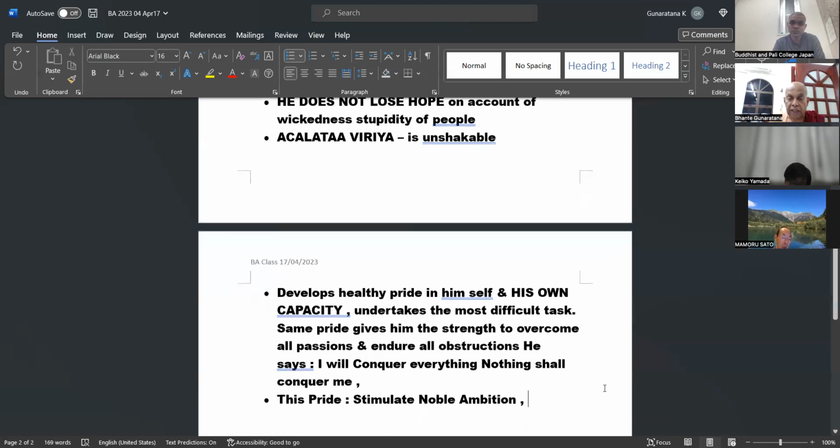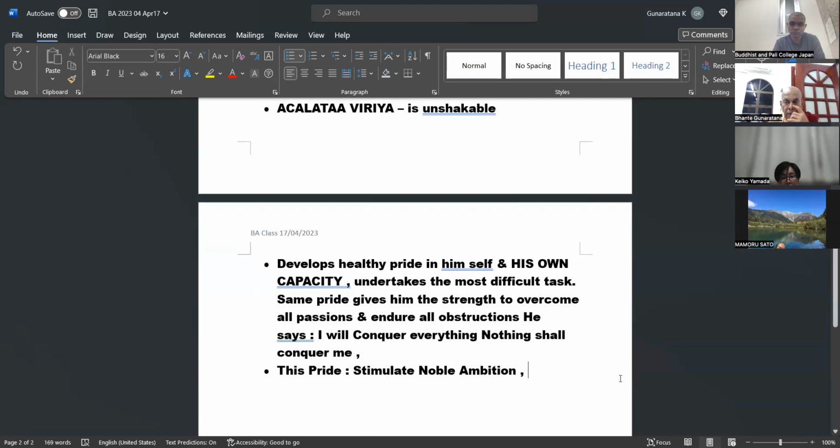Very important. Look at this paragraph. This is something we never heard in Buddhism. Buddhism always says cut off, cut off, cut off, remove, and delete your pride. But here is a different thing. The Bodhisattva has that pride. And that pride stimulates what? Noble ambition.